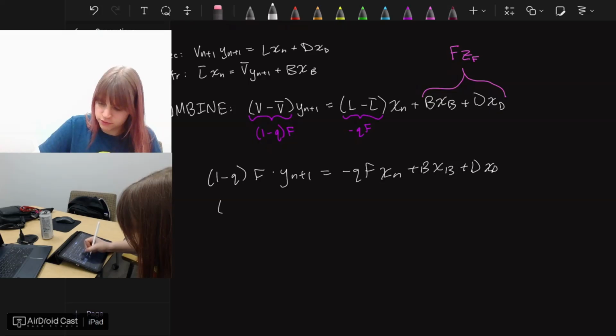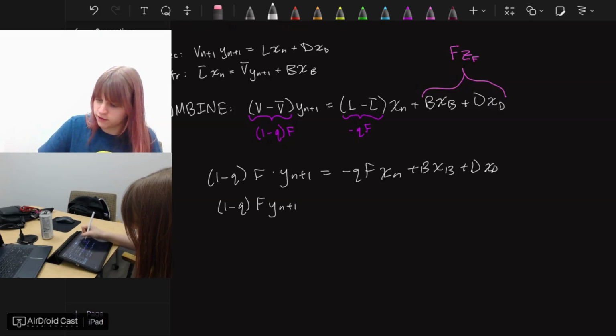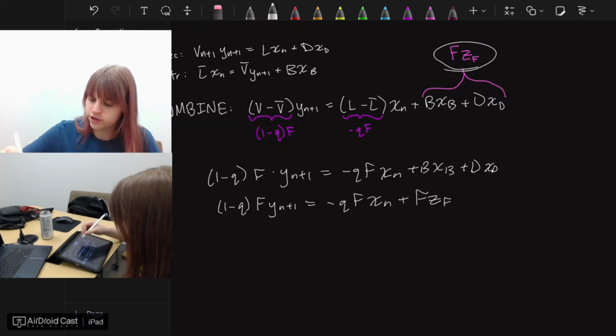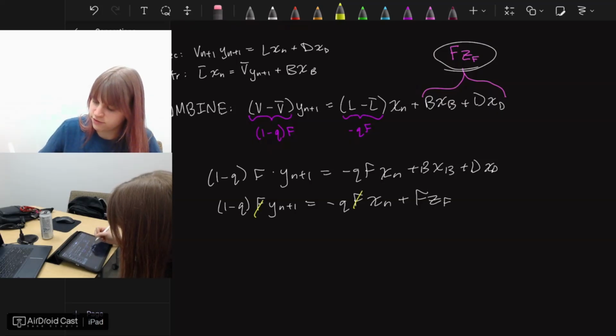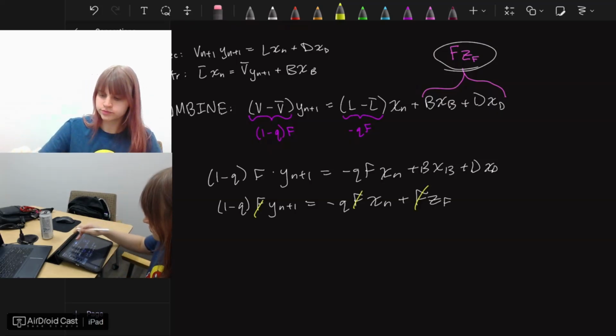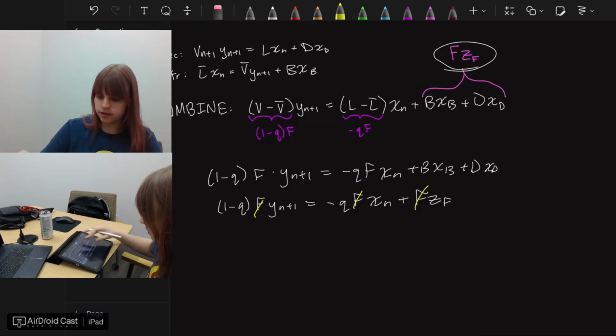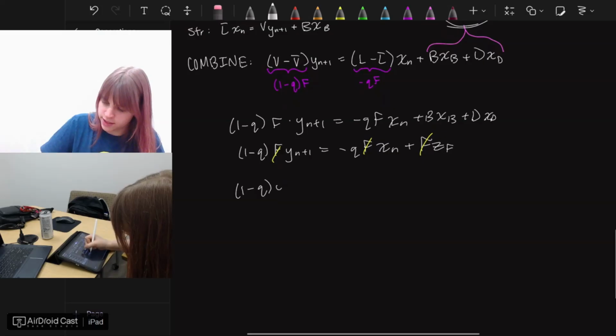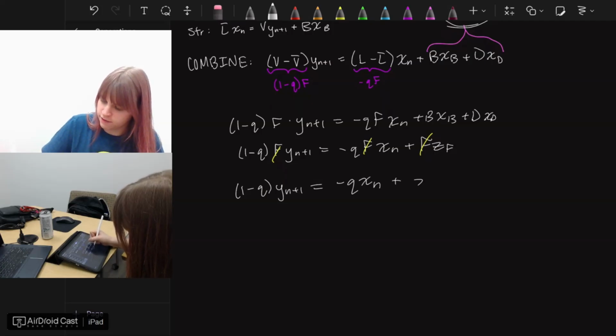In a more simplified way again, because I defined this FZF and I forgot to put that in. What you notice is that we can cancel out all these F's, just divide by F. And then we're left with 1 minus Q times Yn+1 is equal to negative Q Xn plus ZF.